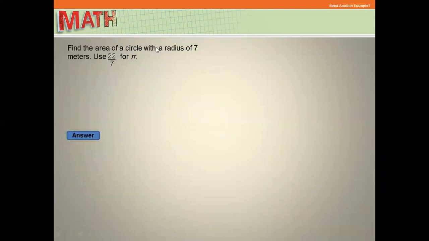Now find the area of the circle with radius length 7 meters. So we represent pi by 22 over 7. So I can say that area equals 22 over 7 times the radius with the power of 2, which means 7 times 7.